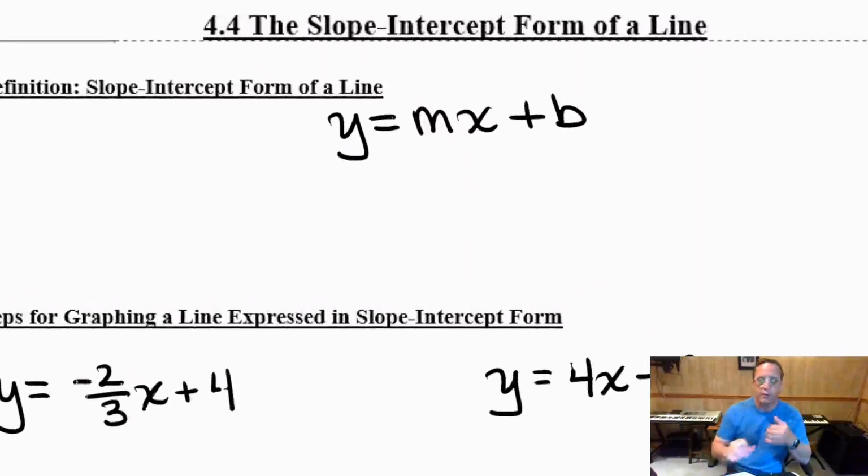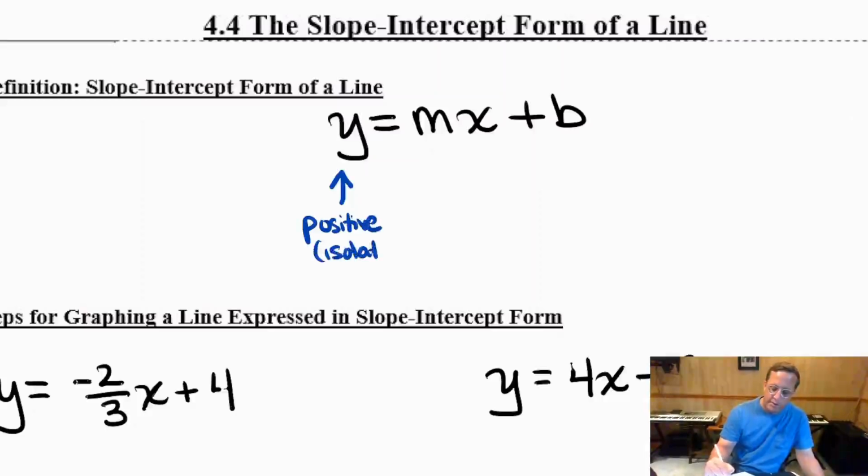So right here we've got the typical y = mx + b. Now that's the format of slope-intercept, and let's dissect this a little bit. If it's in slope-intercept form, the y is positive, and it's isolated, meaning it's all by itself.